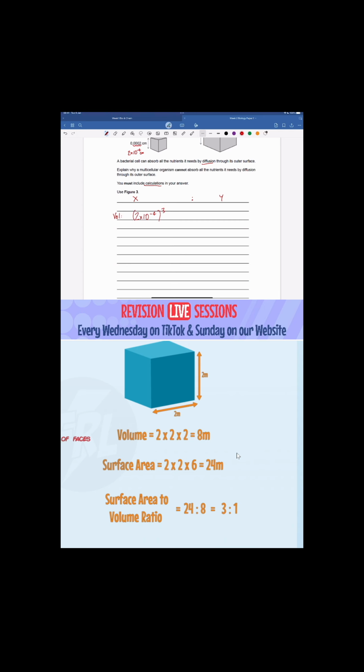Can someone tell me what that is if you've got a calculator on you? And then surface area, you do 2 times 10 to the minus 4 squared to work out the area of one face, times by 6 because there's 6 faces.